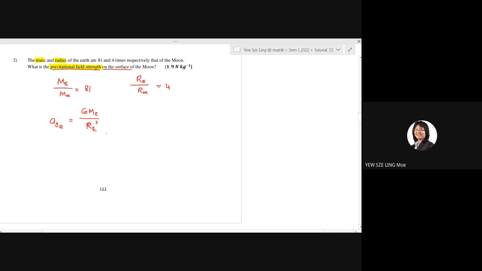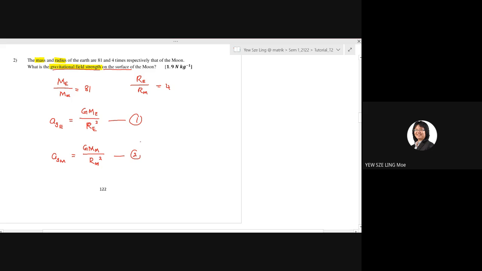Now the second equation is for the moon: AGM equals G MM over RM squared.